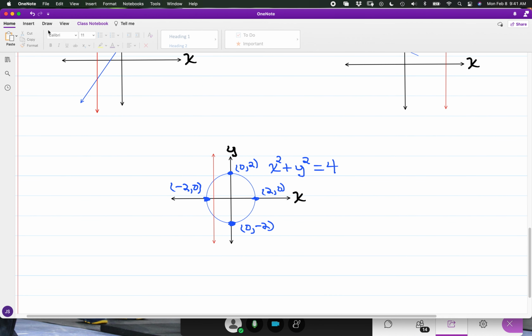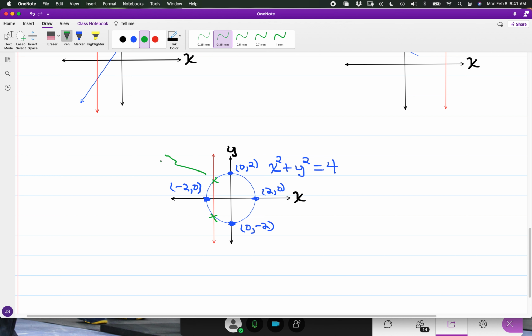And the vertical line test is going to be violated. Here we have 2 points of intersection at the same x value.